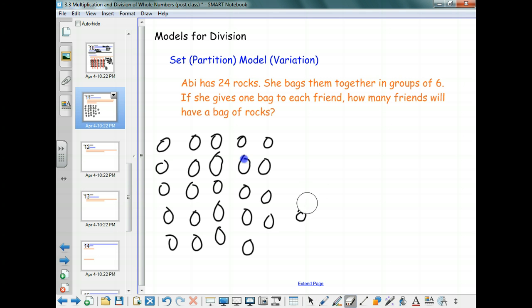That's too many. I had 24. That was okay, there's 24 rocks. Weren't my previous rocks so much nicer? Oh dear.